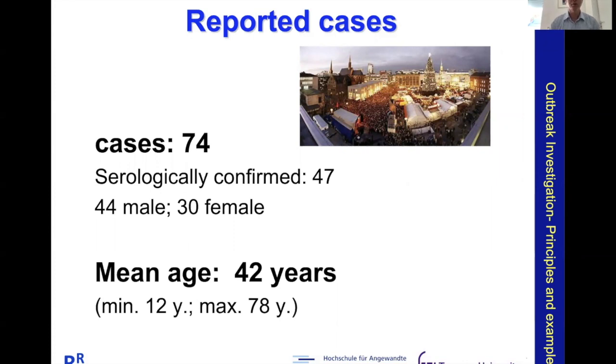We learned about 74 cases. Most of them were serologically confirmed, more men than female, as we heard in the presentation before. Mean age was 42 years, but with this variance between 12 and 78, so practically everybody could have been affected by this.